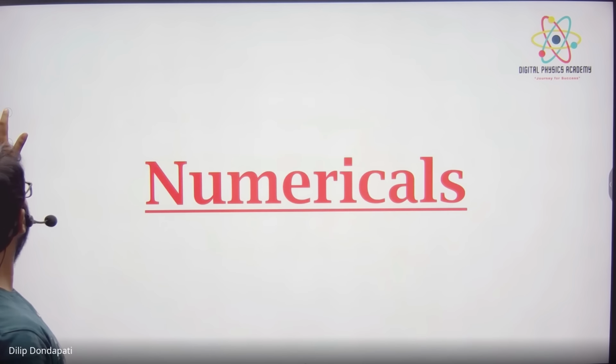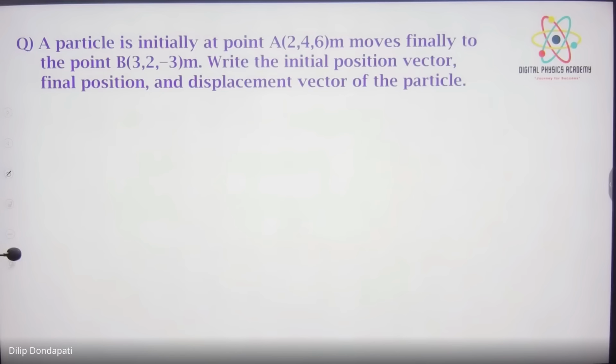Let's use this. A particle initially is at a point this much, moves finally to this much. Write the initial position vector, final position vector, and displacement vector of the particle.